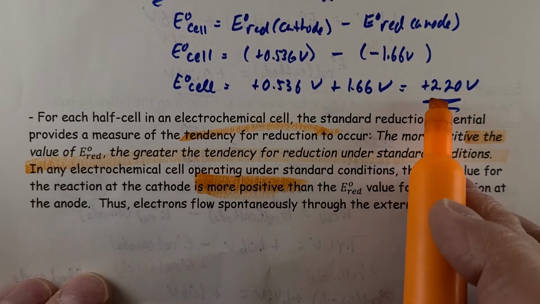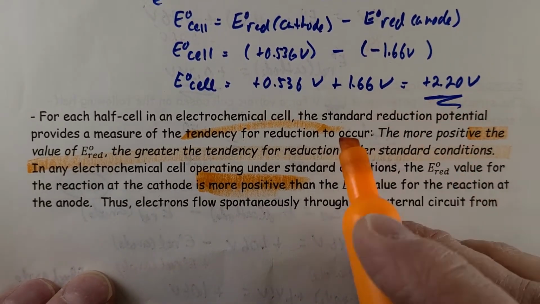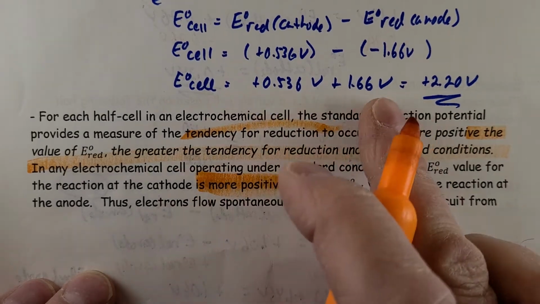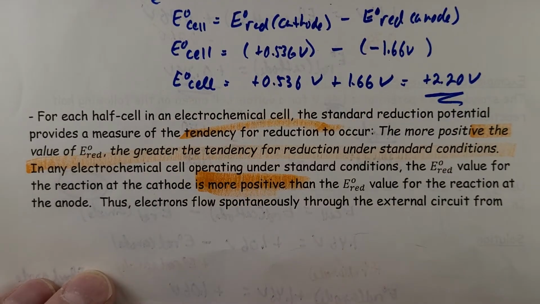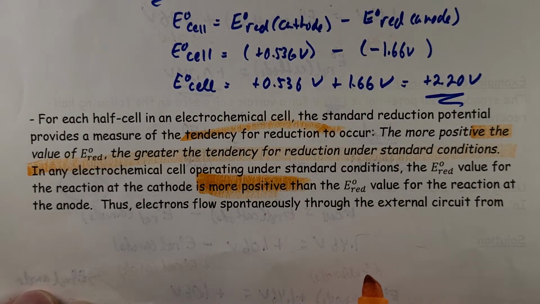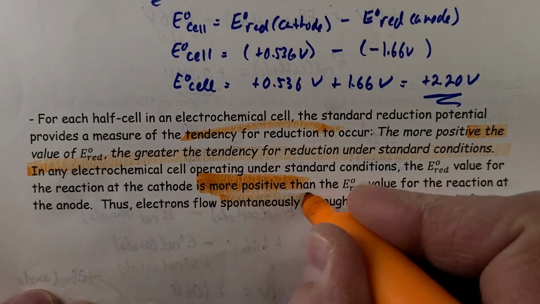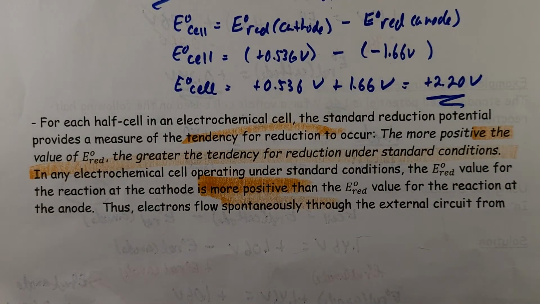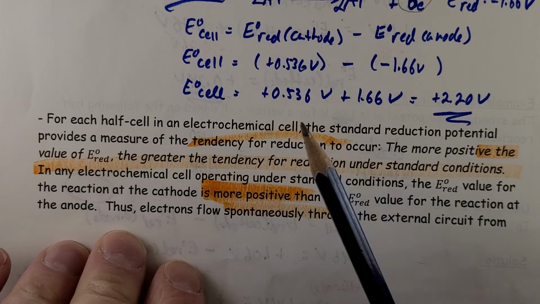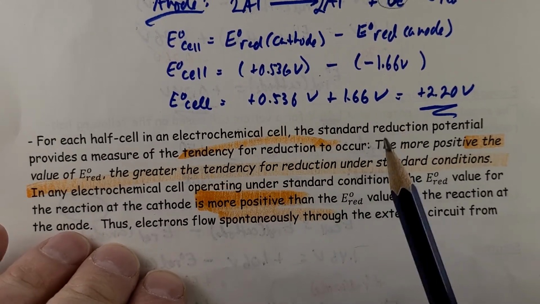So we should always get a positive value here. Quite often both of these are negative, but as long as this one's more positive, we know that the reaction will occur spontaneously.